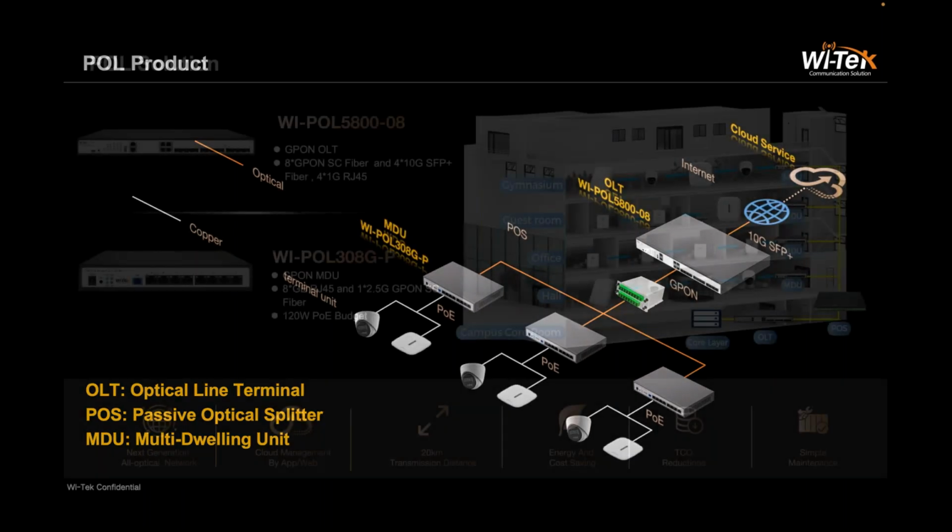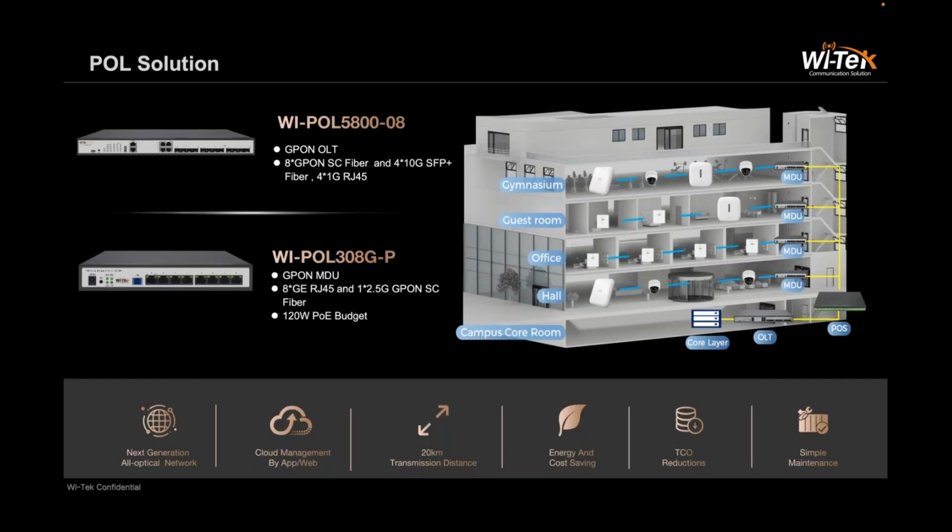So this is how POL works. Then we can understand why we need POL. It is usually used in new buildings, like a new hotel or new apartment. The customer may say, I want all fiber cable deployment on my project, because maybe in the next 2 years we will mainly use Wi-Fi 7 access points.